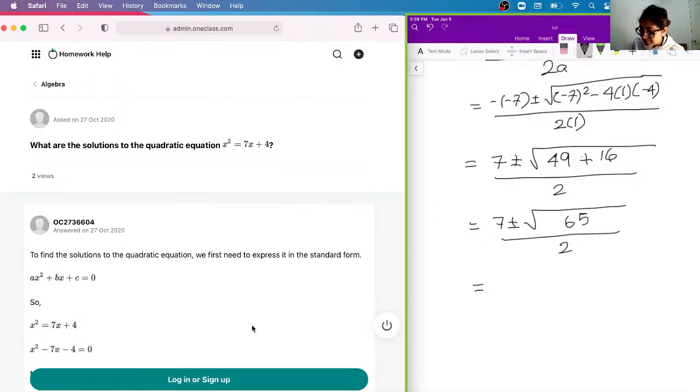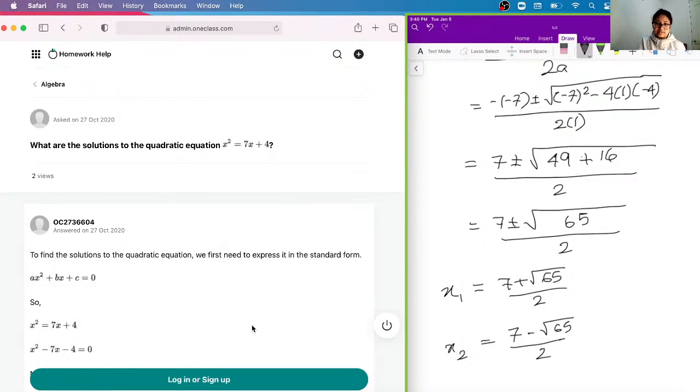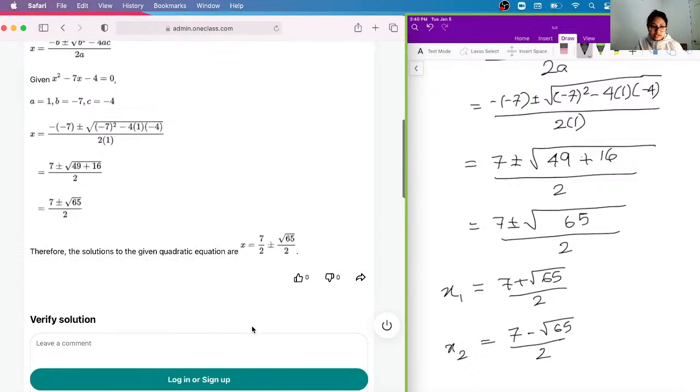And so from this, we can say that since we would have two roots in this case, x1 would be 7 plus root 65 over 2, and x2 would be 7 minus root 65 over 2. Okay, so these are our two zeros, and this is a solution of the given quadratic function. And so yeah.